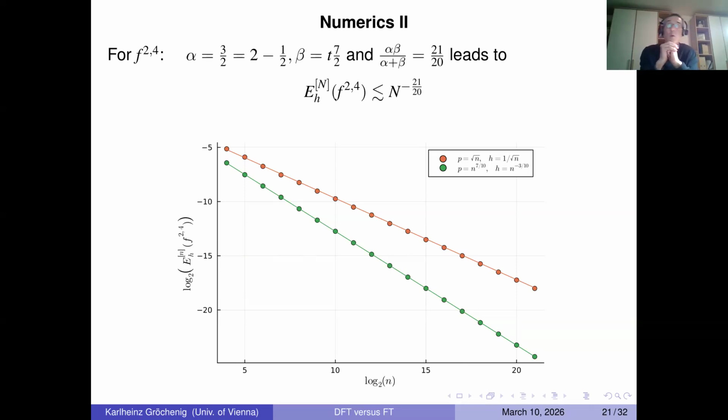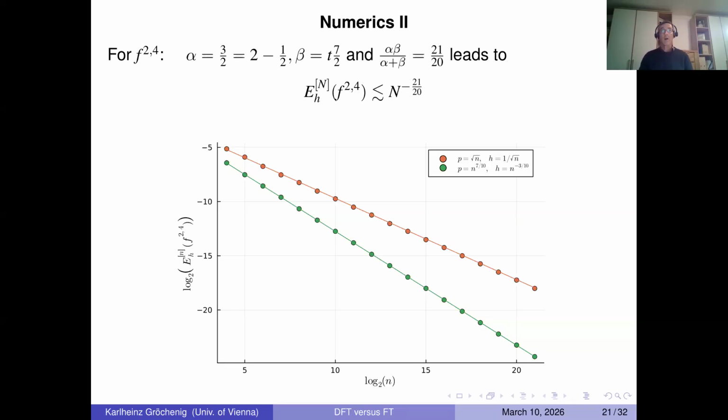So between 2 to the 12 and 2 to the 17, it's 2 to the 5, about a factor 30. So in order to achieve 5 to 6 digits accuracy, this would be 4,000 samples, and here you would have 2 to the 17. That's, I'll say, 100,000 samples. That's significant already for an accuracy of 5 digits.